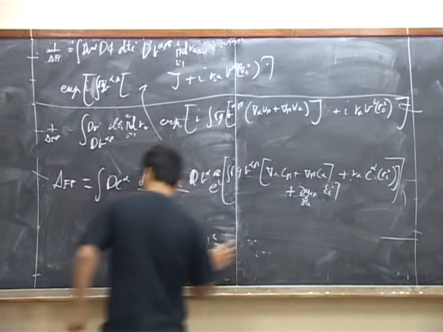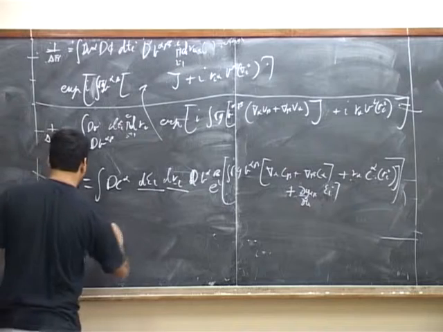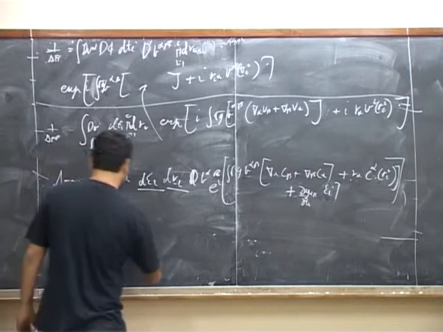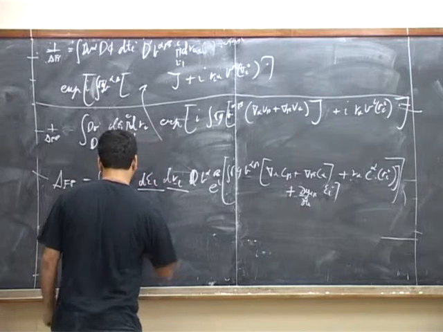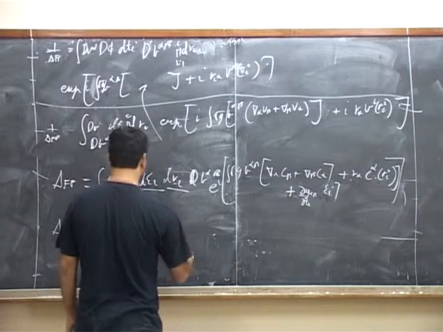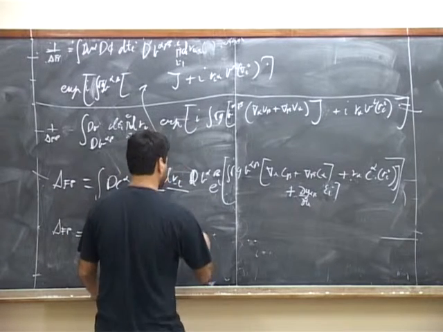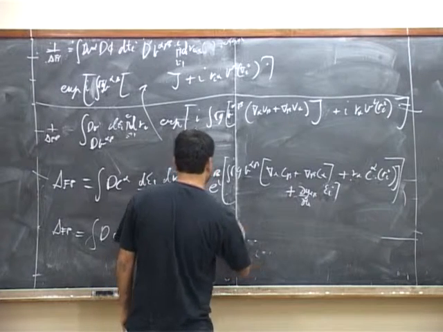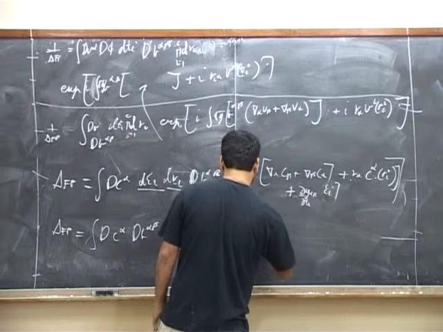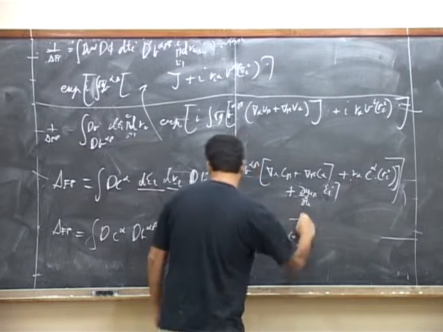So we have delta fp is equal to the integral dc alpha d zeta i, d b alpha beta, then the exponential of i times the square root of g, b alpha beta, del alpha c beta plus del beta c alpha.